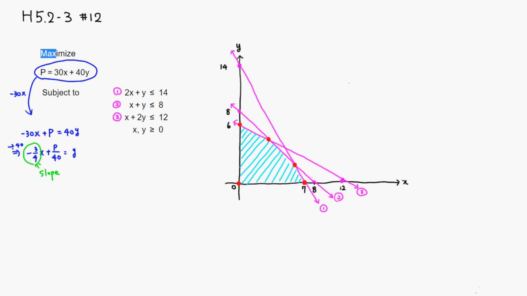So negative 3/4 is not as steep as the second constraint, but steeper than the third constraint. So the slope is in between. Maybe I should draw it like that, in blue. The slope negative 3/4 looks like this.